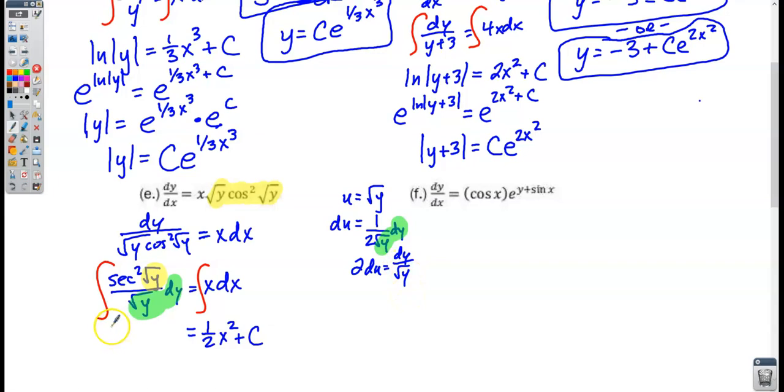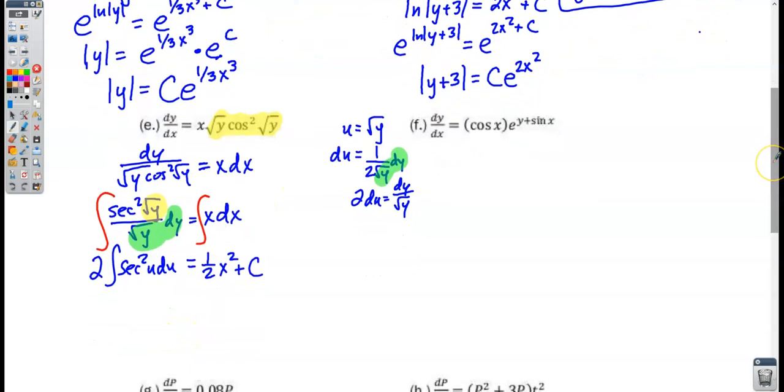And so my left-hand side turns into 2 times the integral of secant squared of u du. And now I can find the antiderivative of that. The antiderivative of secant squared is just going to be tangent. I bring my u back.